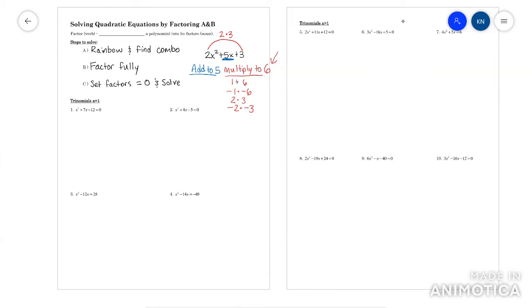So add these up in your head. All right, so the combo of numbers I was looking for is 2 and 3, because 2 times 3 makes 6 and 2 plus 3 makes 5.